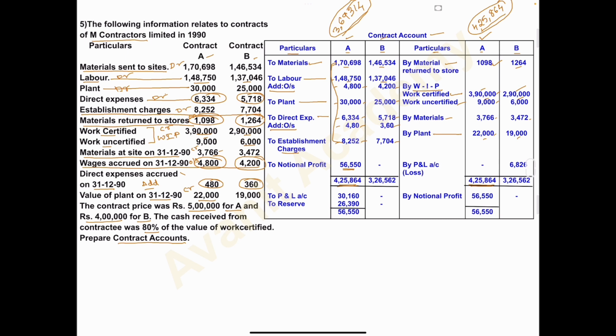Understood? From 4,25,864, you have to minus the total of these items, that is 3,69,340, and you will get the difference amount. So if you get the difference amount in the debit side, what we have to write? To notional profit. So in contract A, we have got profit, that is to notional profit carried down.